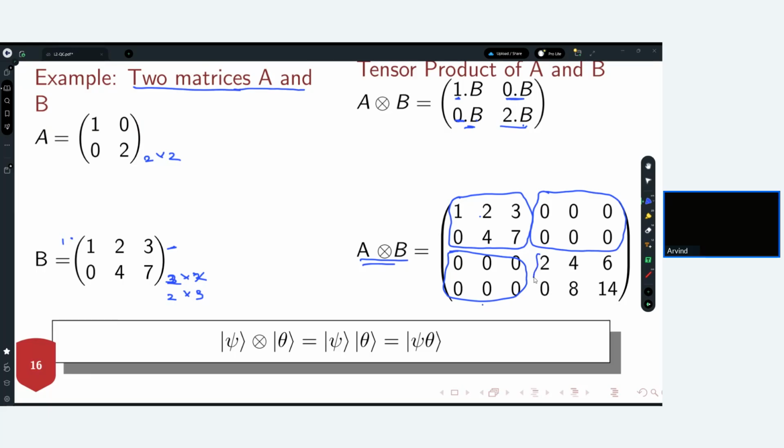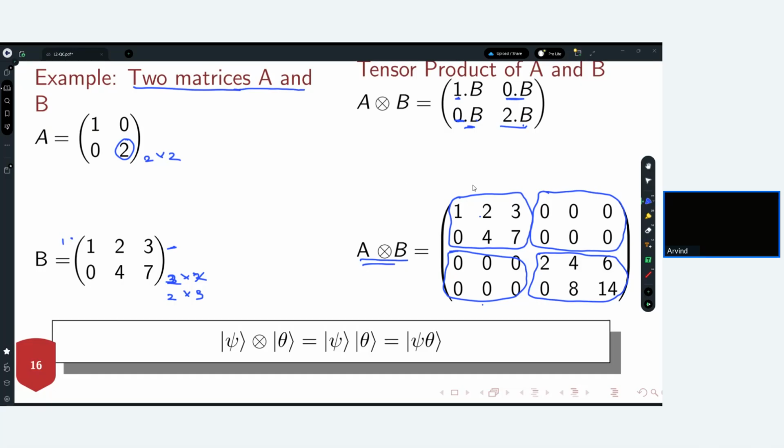Here we are multiplying the second matrix with 0, and we will get this matrix. And if we focus on this subgroup of the matrix, here we are multiplying the second matrix with 2, because 2 is present at the second row and second column. So we will get 2, 4, 6, 0, 8, 14.